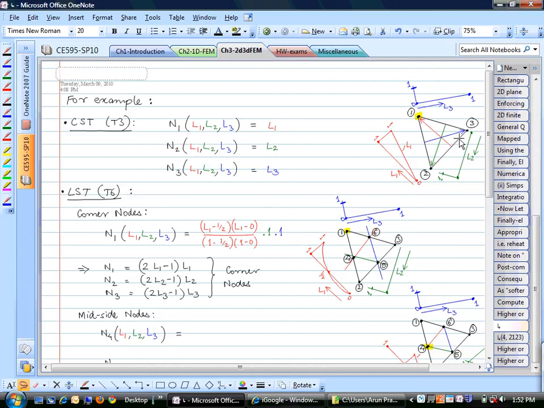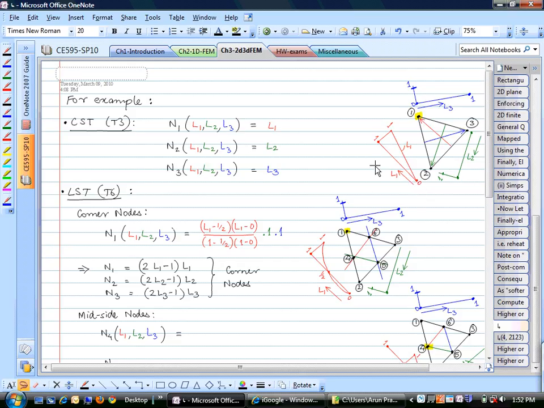So starting from this edge, if you go up in this direction to node 1, the value of L1 will increase from this point or from anywhere along this edge all the way up to this point. It will go from 0 to 1. This is 0 to 1. So this is L1 increasing from 0 to 1. We know that the Lagrange shape function that goes to 0 here and 1 here is nothing but a linear function, right?